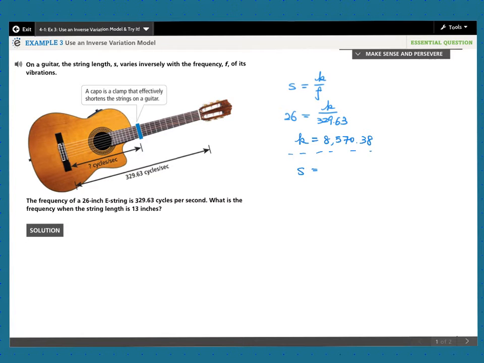And now we start the second step, 8570.38 over f. And then it's asking us when the string length is halved at 13 inches, what is my frequency? What's the sound like at that point? So if you do some arithmetic on your calculator, you should have 659.26. So the frequency of the 13-inch string is 659.26 cycles per second.